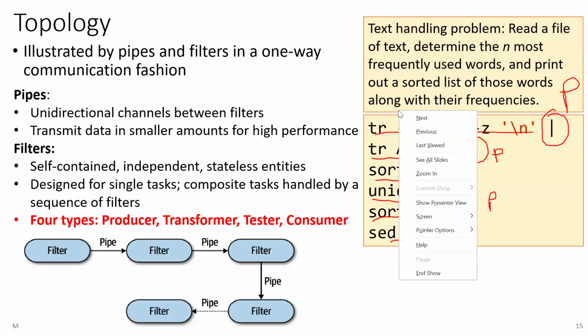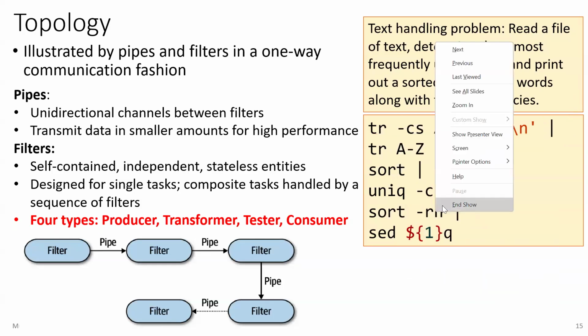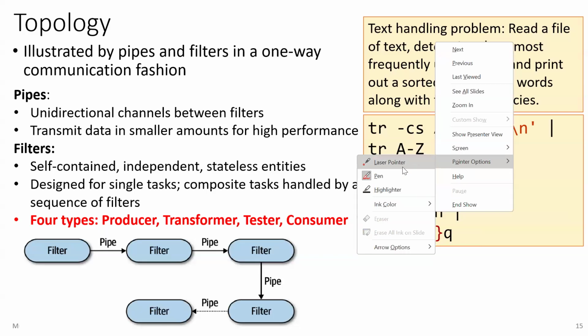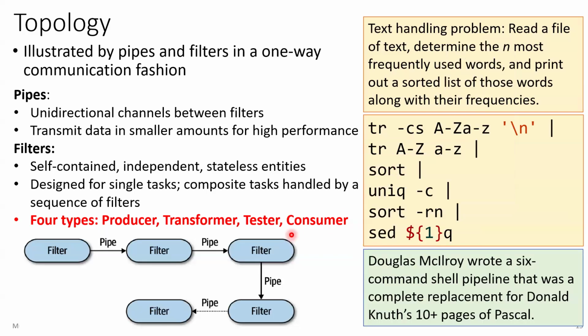By the way, this command was written historically by Douglas McIlroy. He wrote these six commands in bash, which managed to replace the code written by Donald Knuth, ten plus pages of Pascal code.